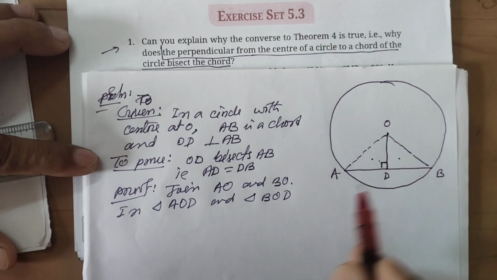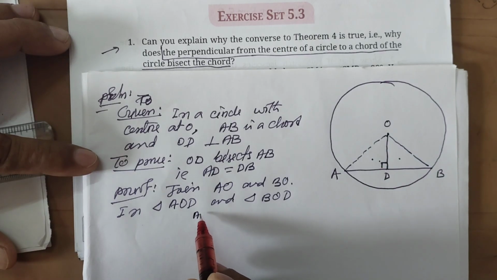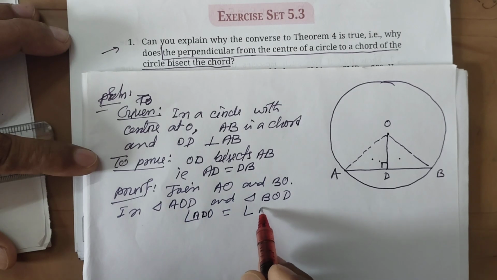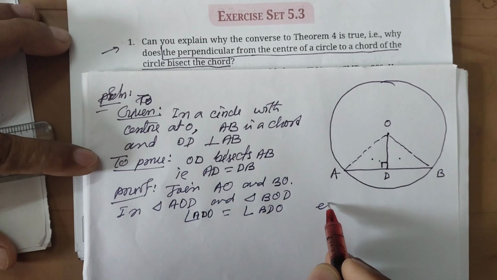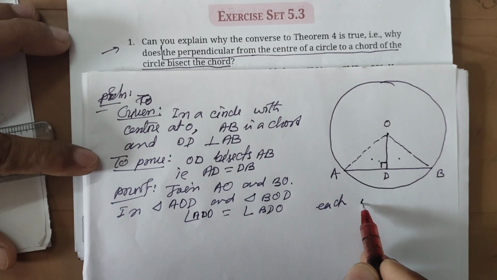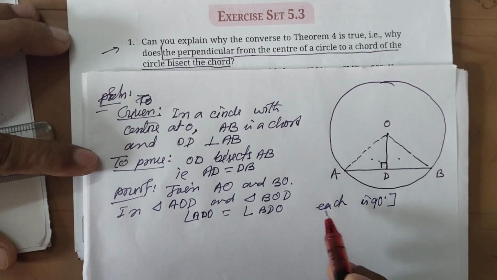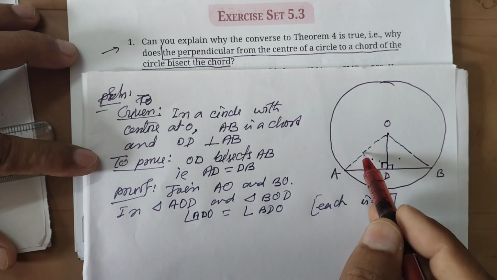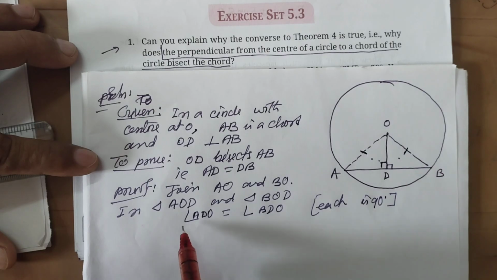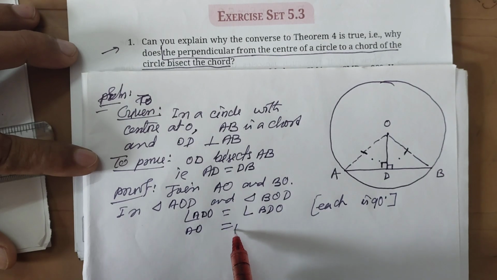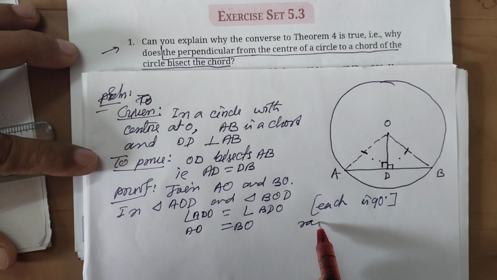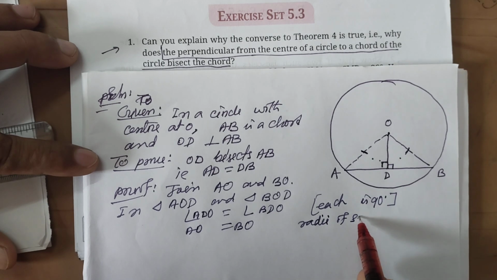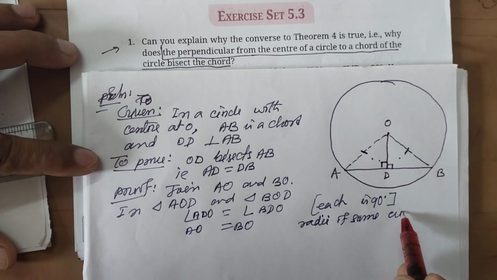Angle ADO is equal to angle BDO, because each is 90 degree. It is given each is 90 degree. So this angle and this angle are equal, and then AO equal to BO, because they are the radii of same circle.